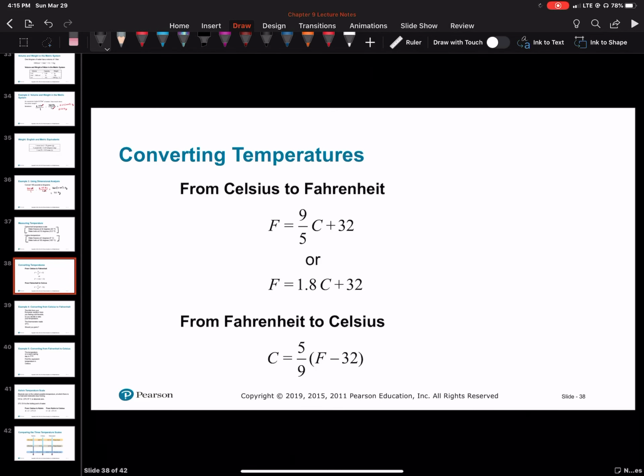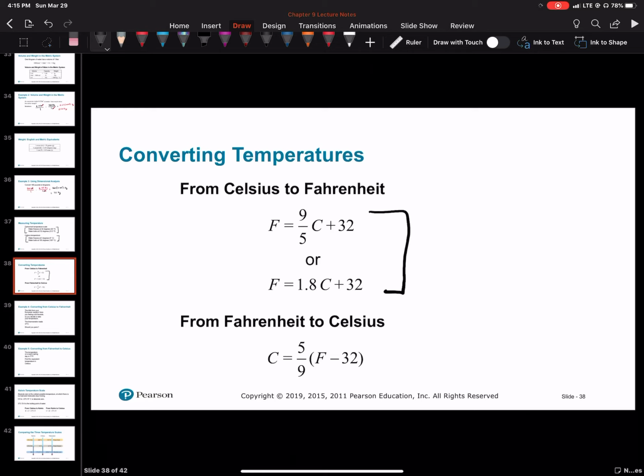So converting temperatures from Celsius to Fahrenheit, we have F, which is Fahrenheit, is equal to 9/5 times C, which is the Celsius degree, plus 32. Or we can say F is equal to 1.8 times C plus 32. These are equivalent. All right.